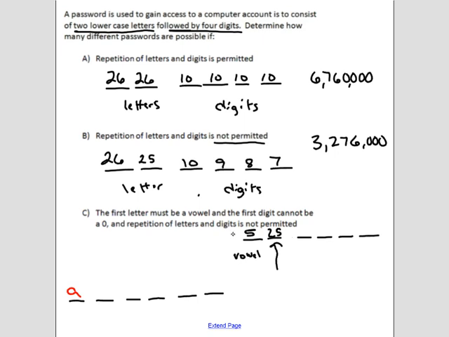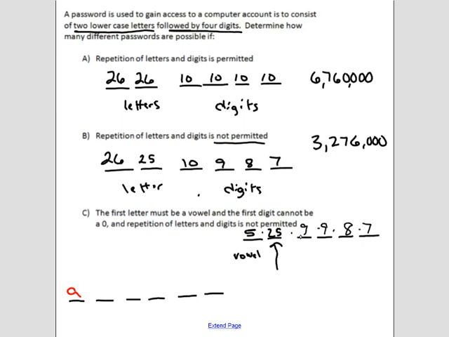Then for digits, it says the first digit cannot be a 0. Well, that means you only have the digits 1 through 9. Okay? And then here's where it's tricky. This is how it's going to look. Some of you are like, wait a minute, 9, where'd that other 9 come from? So we said 0 can't go here, so you have 9 choices: 1, 2, 3, 4, 5, 6, 7, 8, 9.